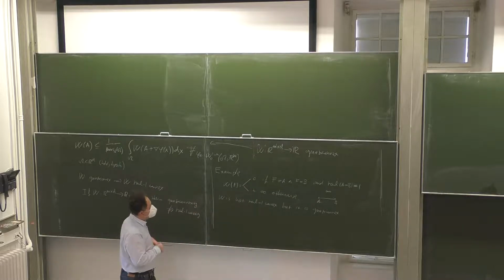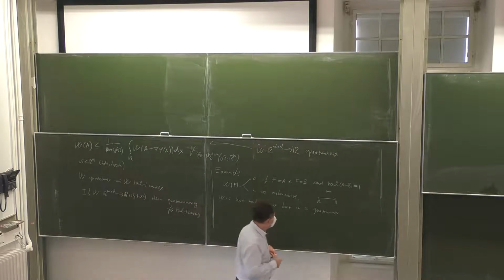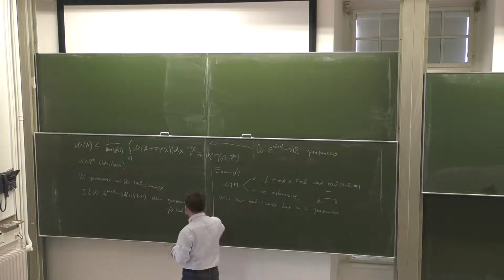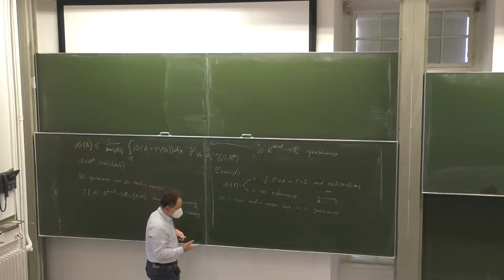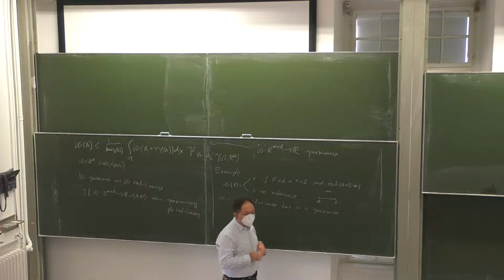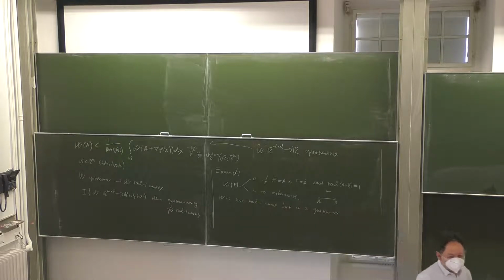So quasi-convexity, as I said, is a difficult property to verify because you have to check this inequality, and this is difficult. So we don't have really many examples of quasi-convex functions which are not polyconvex.